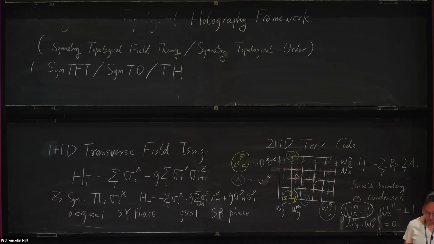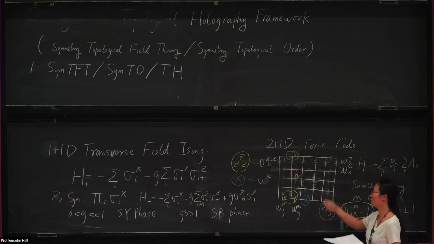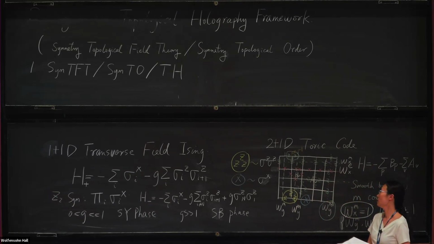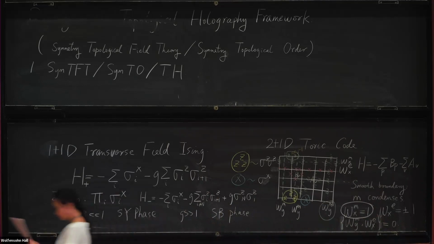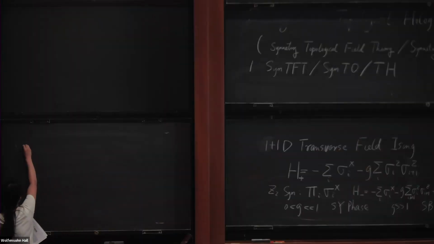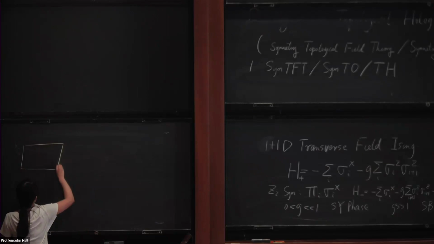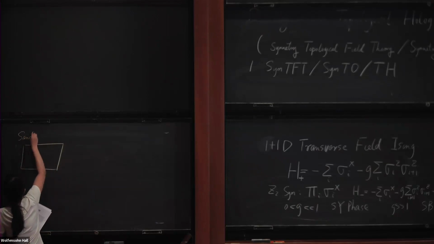Okay. So let me try to summarize the general structure of this topological holography, or the sandwich picture. A sandwich has a structure where the bulk is a d plus 1 dimensional topological order.